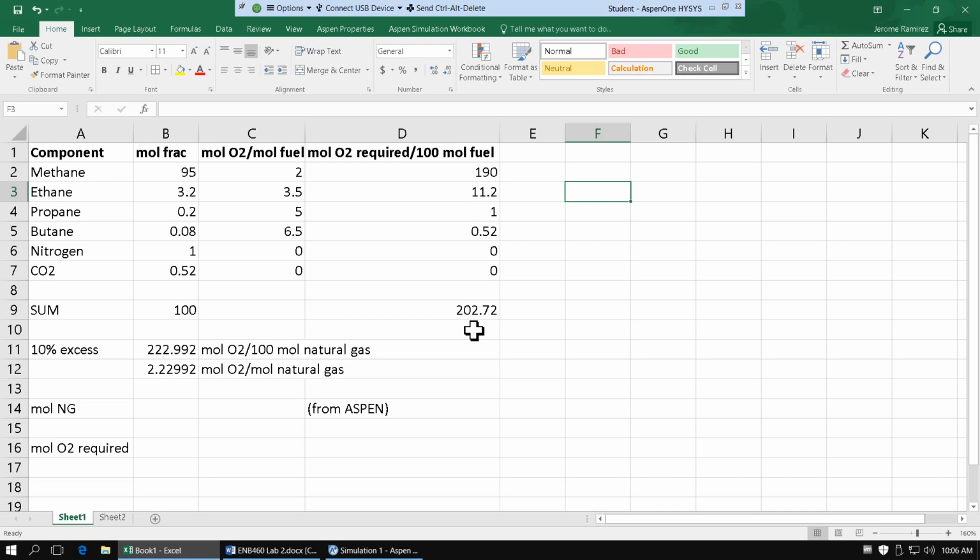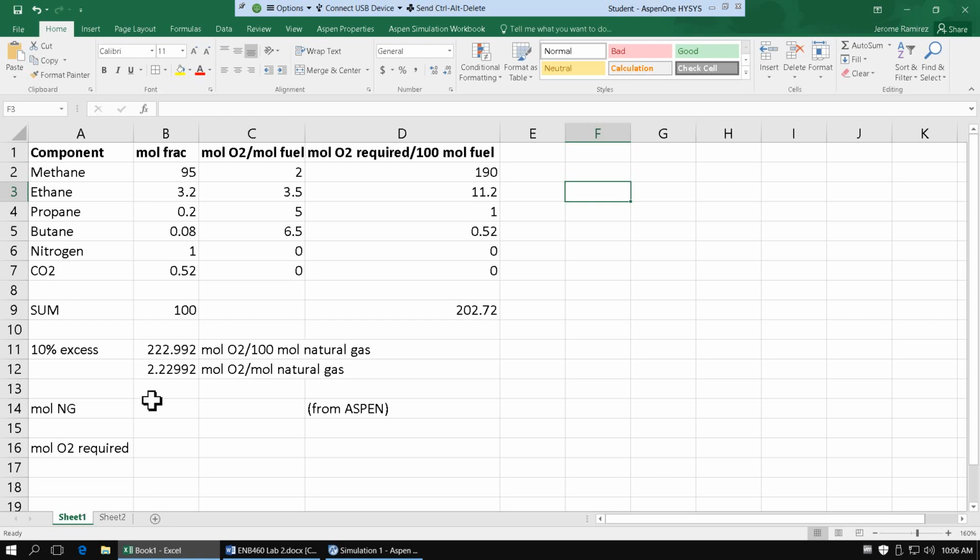We need twice as much oxygen per mole of fuel. And then we want to have 10% excess. So we multiply this value by 1 plus 10%, which leads us to 222.99, or 2.23 moles oxygen per mole of natural gas.